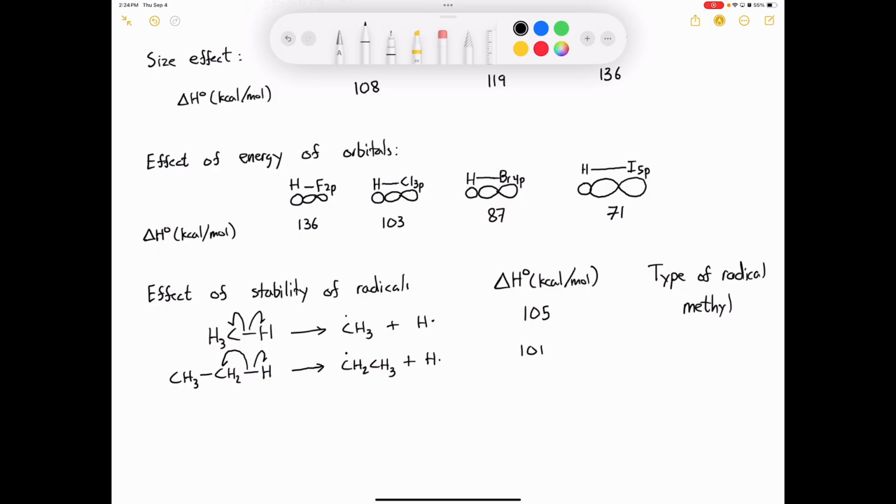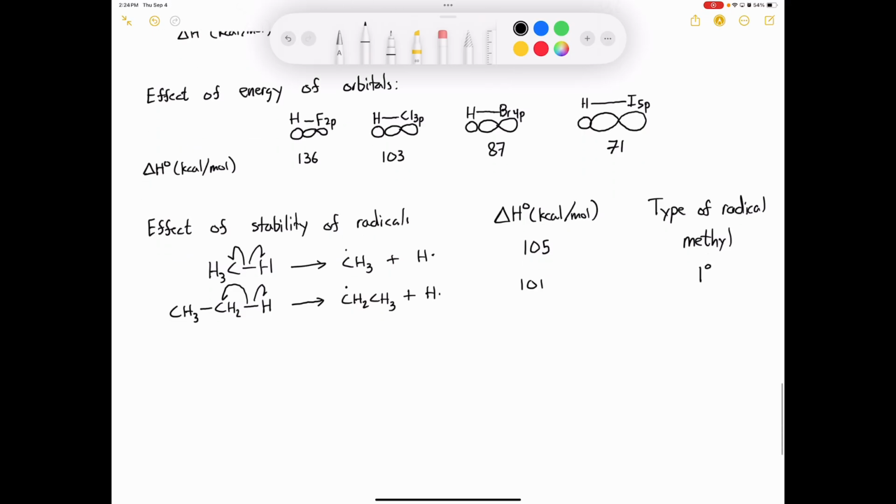And the type of radical here, so the radical is on what type of carbon atom? Primary, secondary, tertiary? What do you guys think? So we look at the carbon on the left there. How many carbon atoms is it attached to? 1, right? So this is primary. All right.